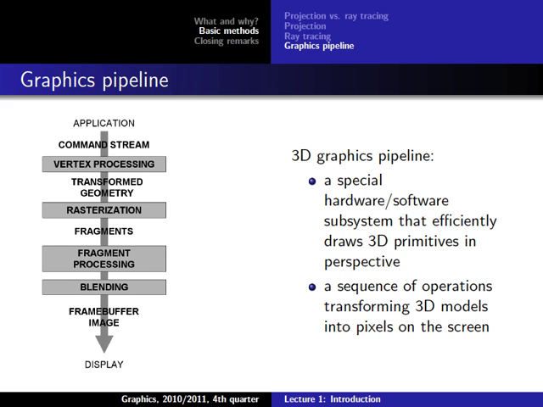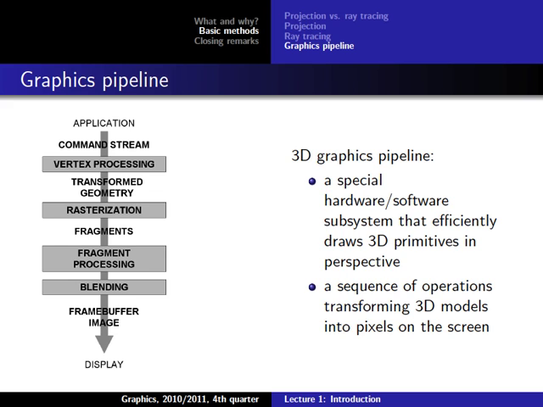If you look at the book, these are two descriptions of the graphics pipeline. The first is from the high-level introduction, and the second is from the chapter about the 3D graphics pipeline. One says it's a special hardware or software subsystem that efficiently draws 3D primitives in perspective. The second says it's a sequence of operations transforming 3D models into pixels on the screen.